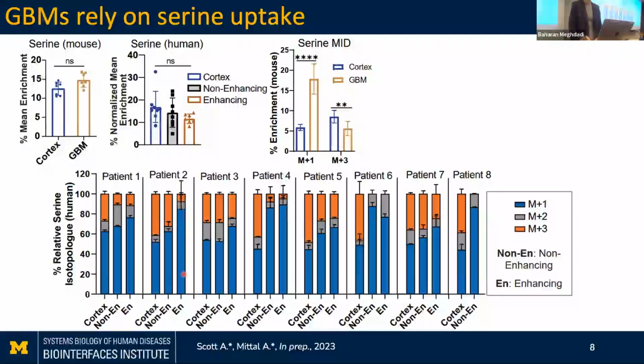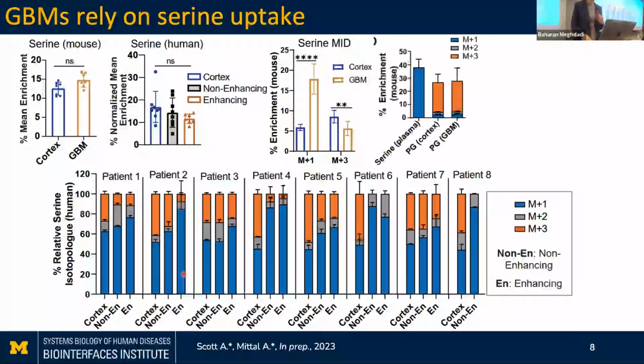So we would like to see what are the sources of serine and what is the reason that we see different patterns in enrichment in GBM and cortex. So we looked at serine in the plasma and the 3-phosphoglycerate, which is the metabolite that produces serine in the de novo pathway.